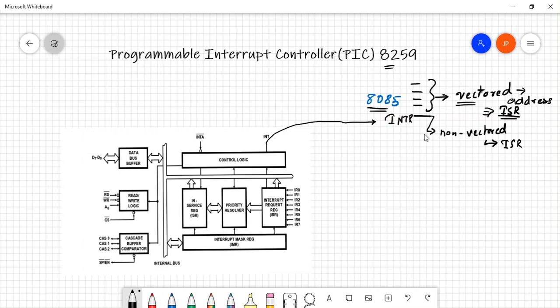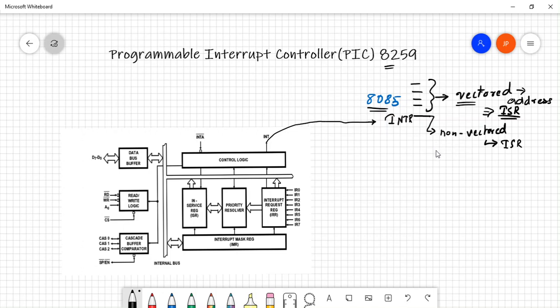In the case of your PC, your personal computer, you have your keyboard, mouse, your 3 USB ports, your HDMI port. You can also have more ports, which itself will be more than 5 interrupting devices.